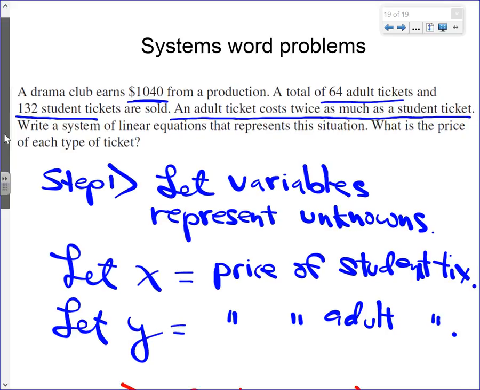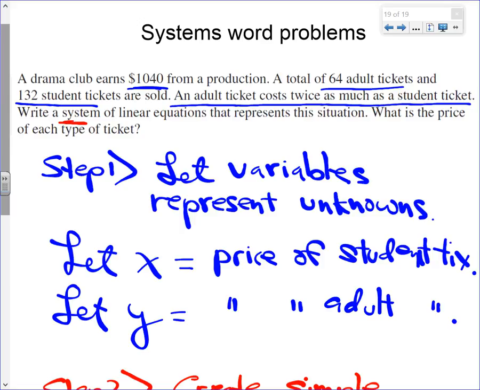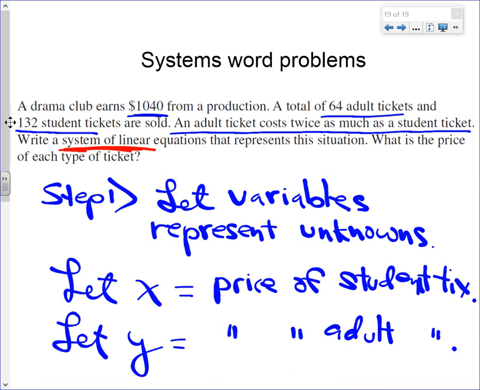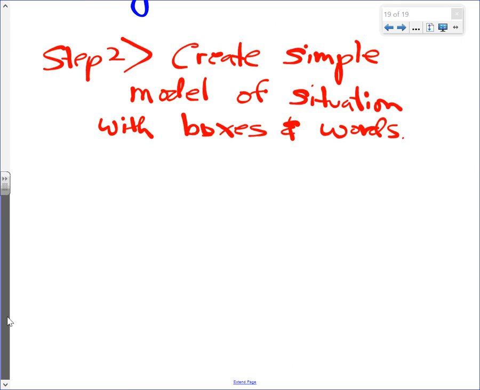So what I want to do is, it says write a system. If it's a system, that means there's two equations going on. Let me write one model of this third sentence: an adult ticket costs twice as much as a student ticket. Watch this.